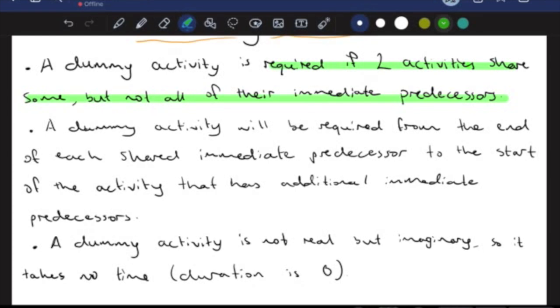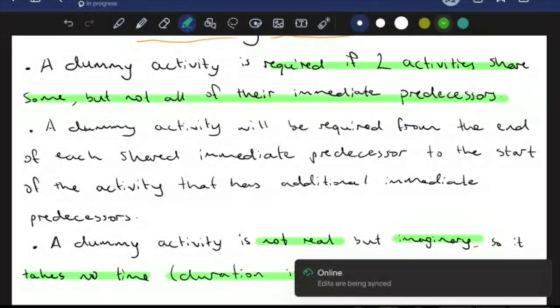So this point that I've highlighted in green, the second point just tells us where this is going to connect on our actual network diagram. And as we said before, this is not a real activity, but it's imaginary, so it takes no time. So we think of it as having no time, or basically a duration of 0.